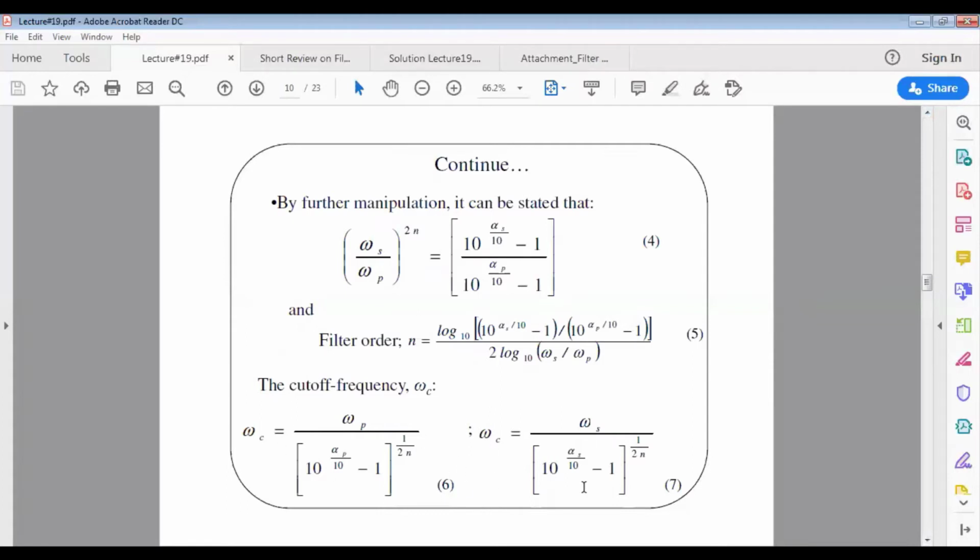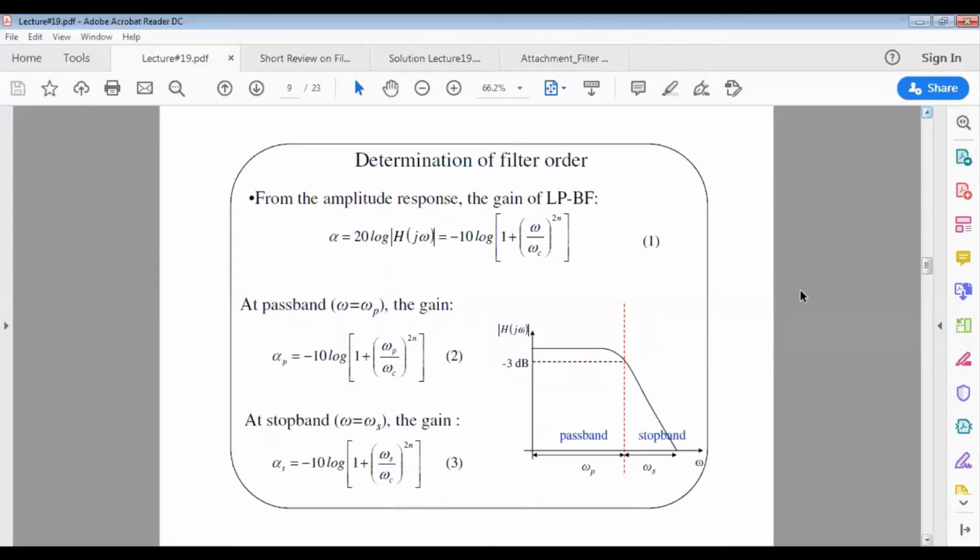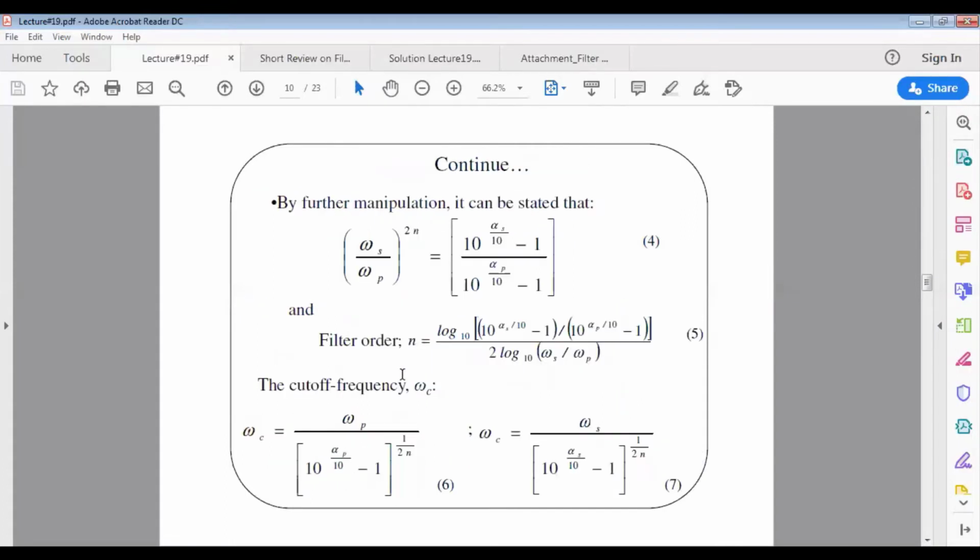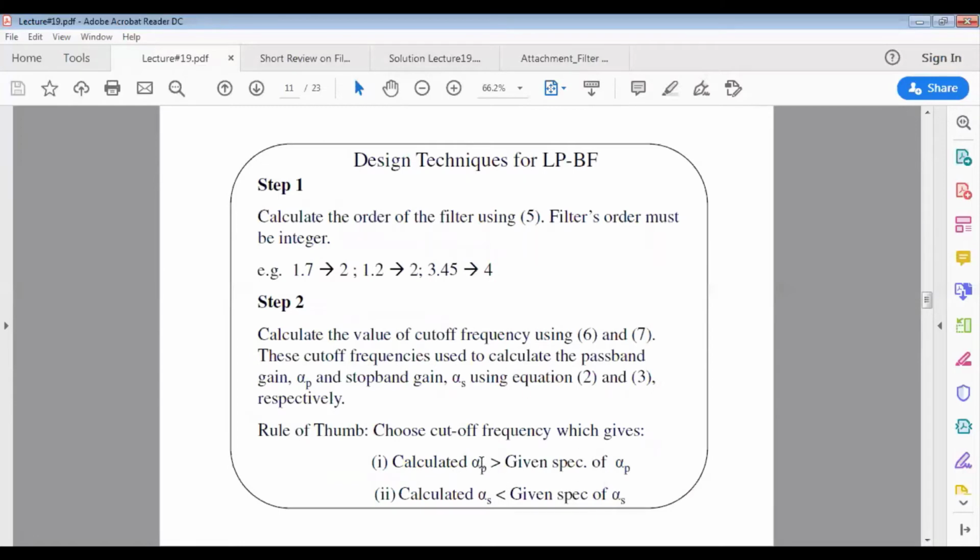We have to substitute both cutoff frequencies into equations 2 and 3, and we are supposed to get 2 values of alpha P and 2 values of alpha S. Then we need to choose the cutoff frequency that follows this rule of thumb: the calculated alpha P should be bigger than the specification of alpha P, and the calculated alpha S shall be smaller than the specification of alpha S. I'm hoping that the examples I'm going to show you after this will help you understand these steps more.